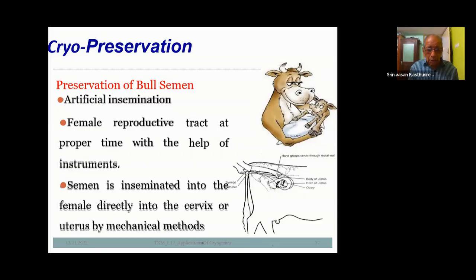So this is one use of cryopreservation of bull semen, and the utilization of artificial insemination is very important from the animal husbandry point of view.